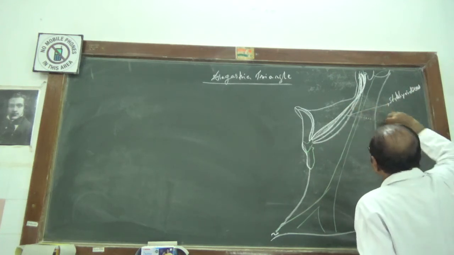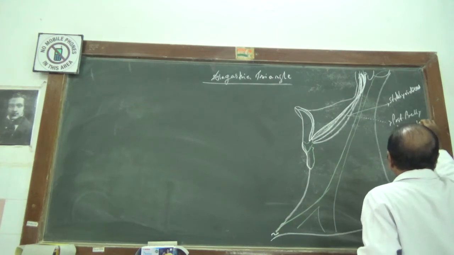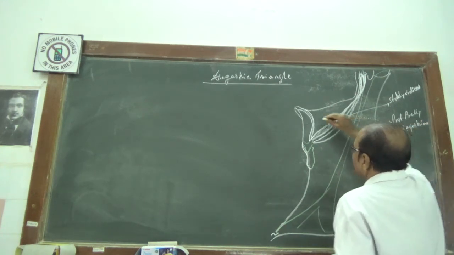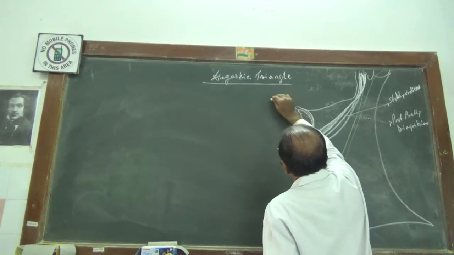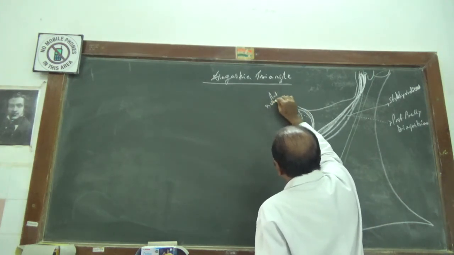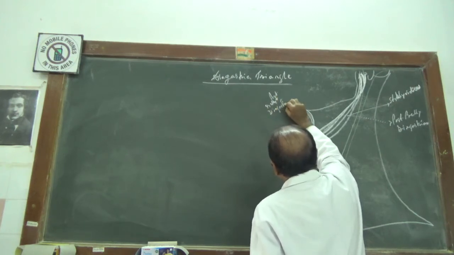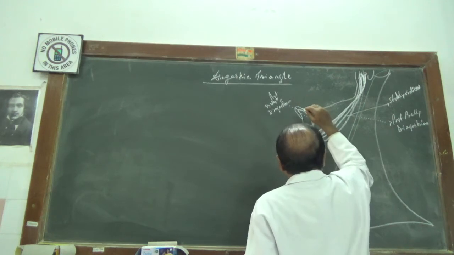This is the posterior belly of the digastric. So this one will be the anterior belly of the digastric.